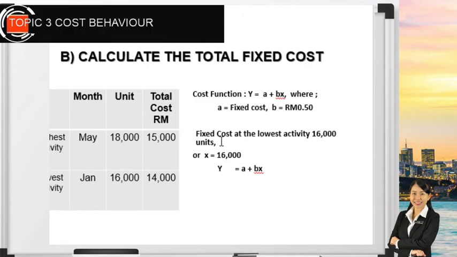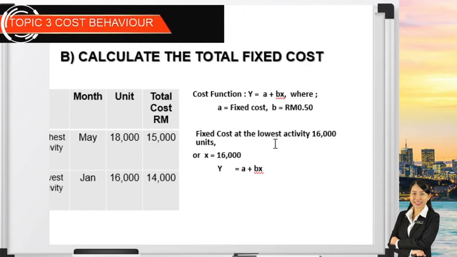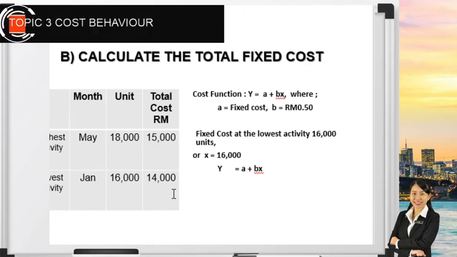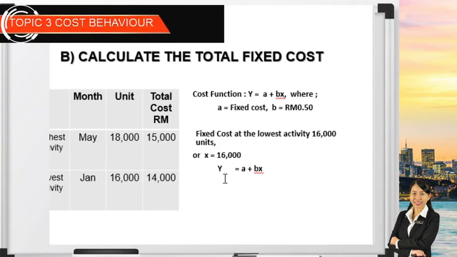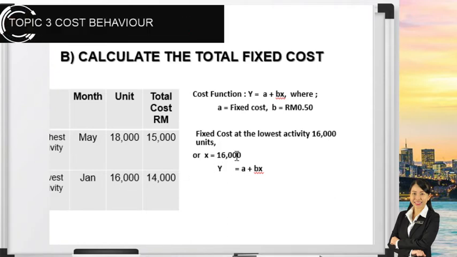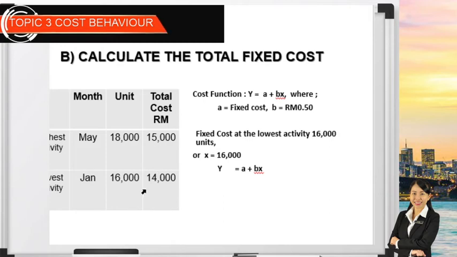Let's do it together. We will find out fixed cost at the lower activity, which is 16,000 units. We will put x as 16,000 units based on this equation.